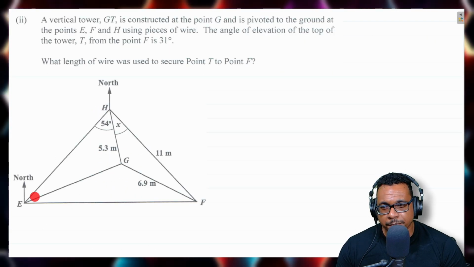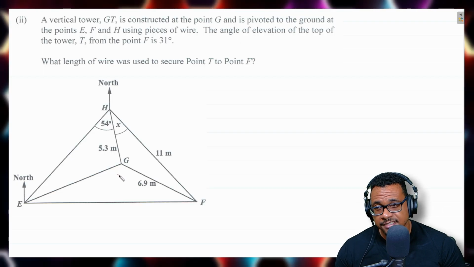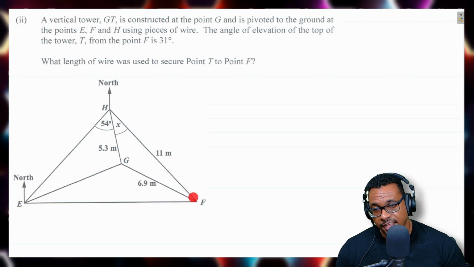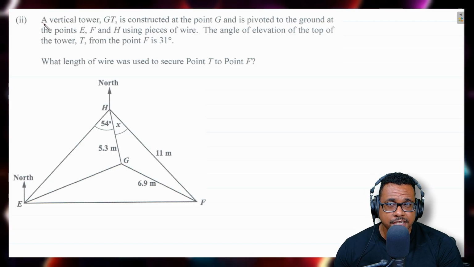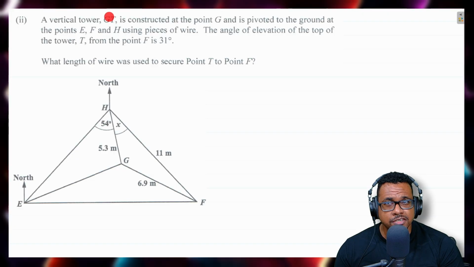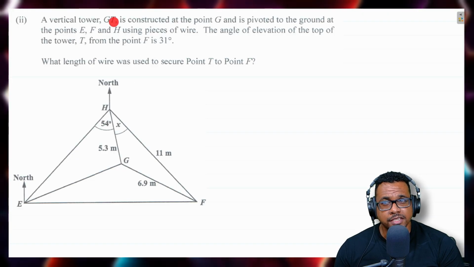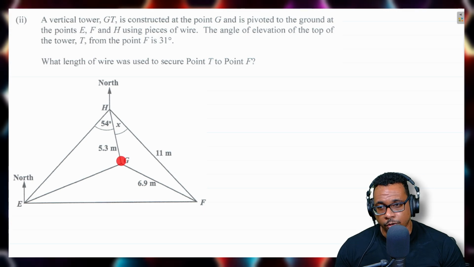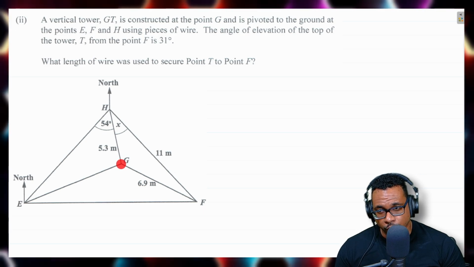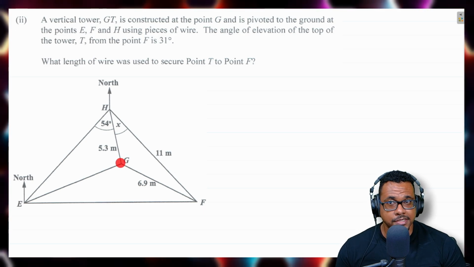I know this two-dimensional surface can't really represent that, but E, H, and F is horizontal, and we're going to have a tower coming up at G. So if you read the question carefully, you see a vertical tower GT. So G is going to be the ground, and T will be the top of the tower. So you're not seeing T here, right? The tower is constructed at G, and will rise up vertically to the point T.